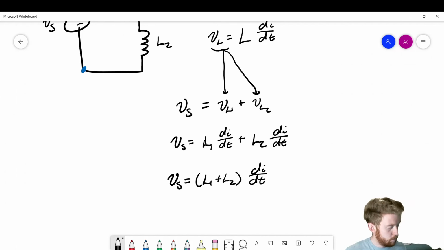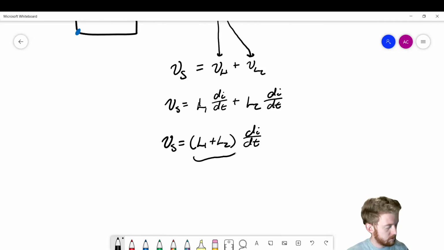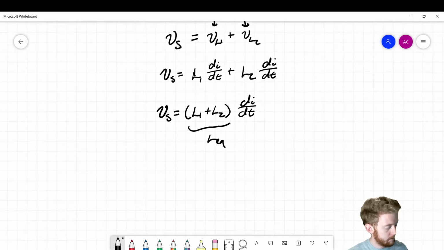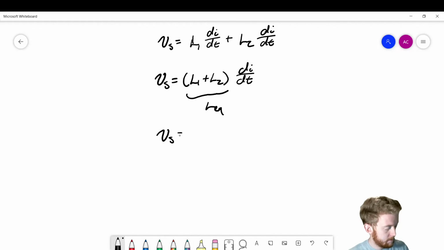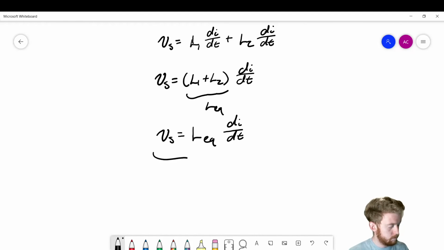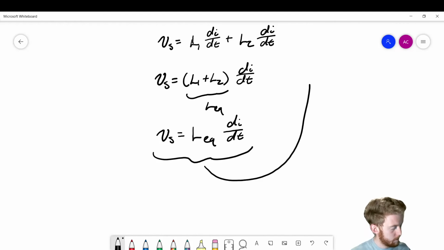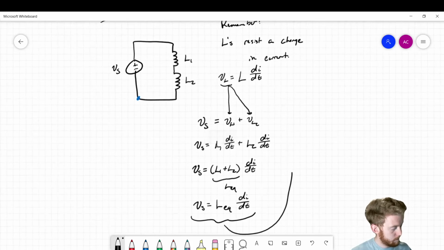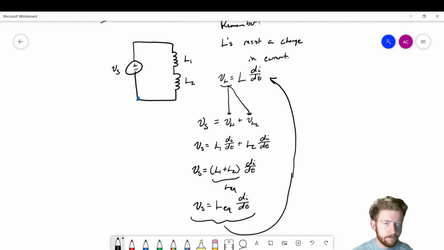So looking at that, we can say, well, this sort of just looks like an equivalent inductance. And if we rewrite this to say Vs is equal to Leq di/dt, you can see that looks pretty much just like this formula we had all the way up above. And that looks pretty much exactly like this formula here. Okay? So what we can say is that if we have 2 inductors in series, their inductances actually add.